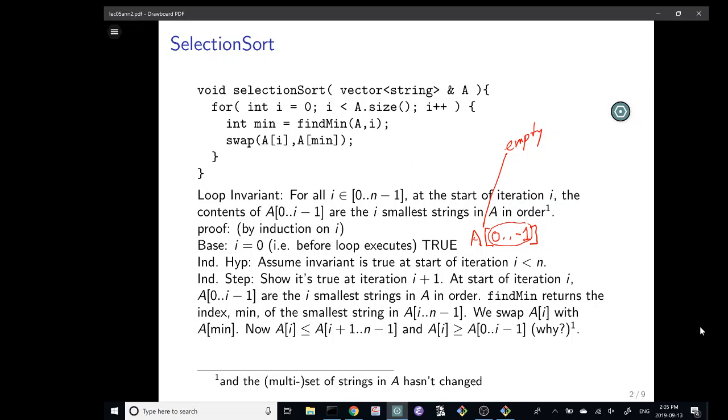It's supposed to be the case that the contents of this array, A0 through minus 1, which is nothing, are the zero smallest strings. Then it's empty, so there are no strings in order. There aren't any strings, and they're also in order because there aren't any of them.